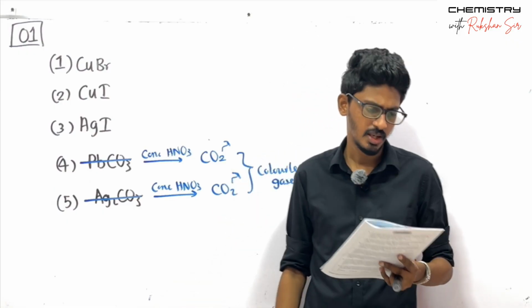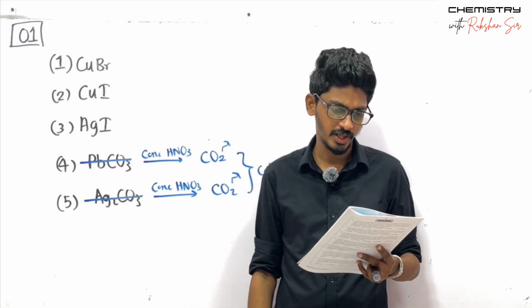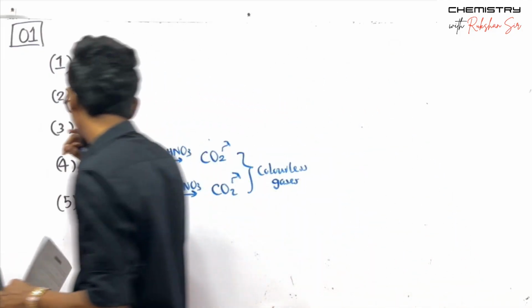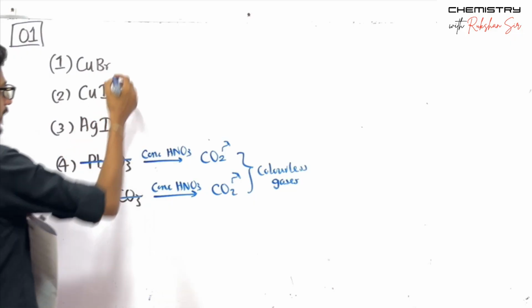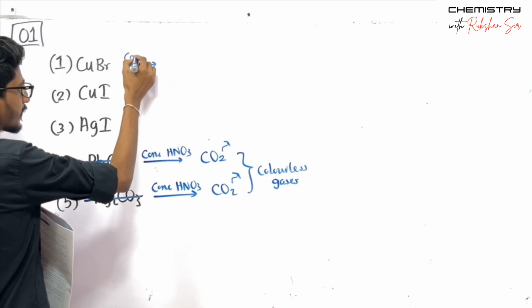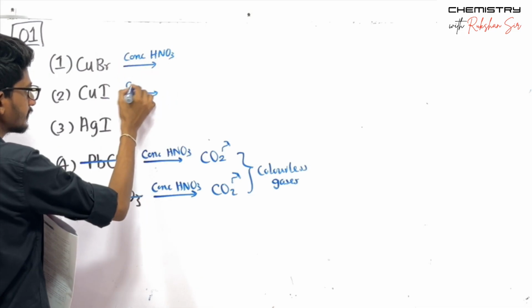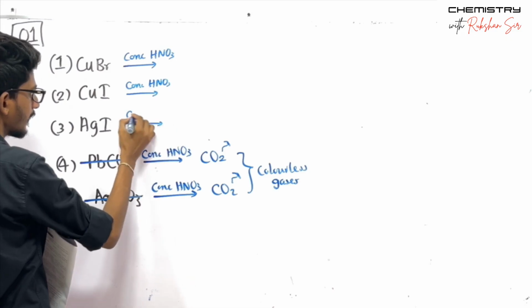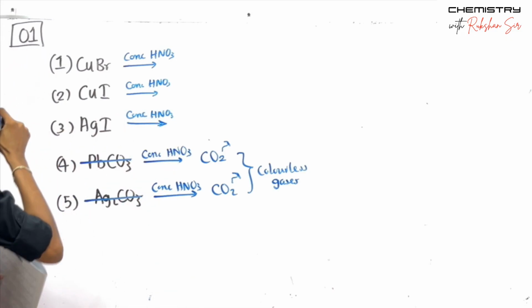Second statement: when the solution formed above was treated with barium chloride, a white colored precipitate was formed. So with conc HNO3, what will happen?